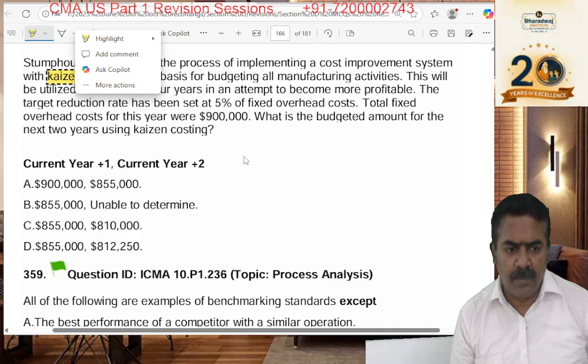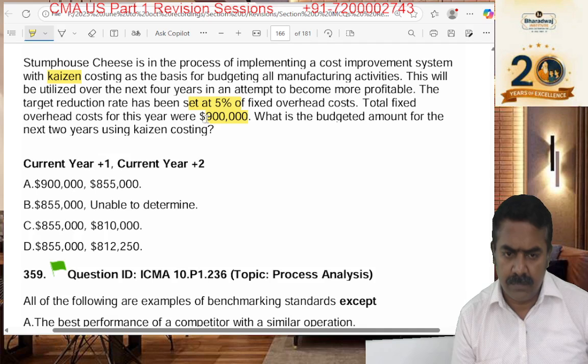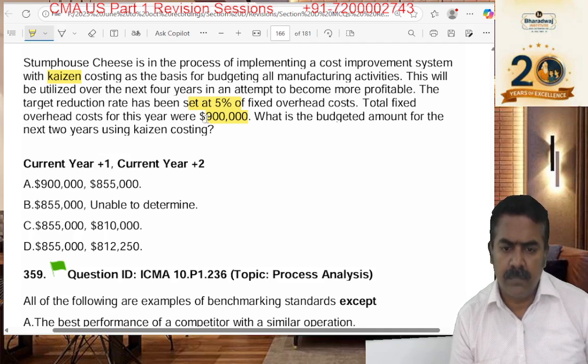Continuous improvement they want to make. This will be utilized over the next 4 years. The target reduction rate is set at 5% of fixed overheads. Total fixed cost is how much? 9 lakh. The budgeted amount for the next 2 years under kaizen costing. No, for the next 2 years.